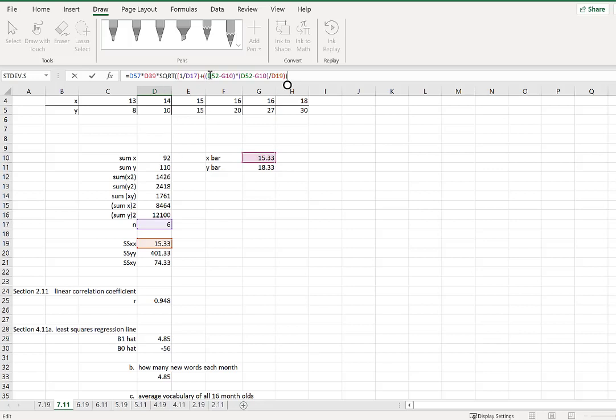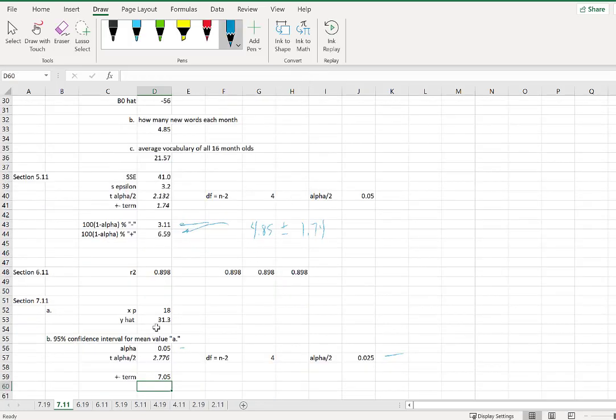Then I'm going to multiply that by xp minus x bar again, in other words, squaring it. Then dividing that by the sum of the squares of the x's, D19. Then I close the parentheses on the first part, then close the parentheses on the second part, which does the square root. When that calculates all out, I get the plus or minus term being 7.05.